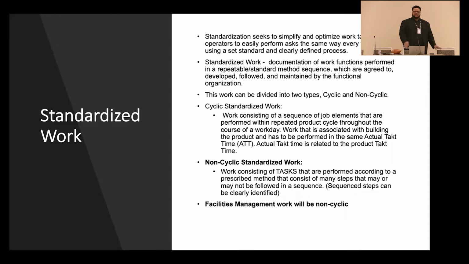We won't go into takt time, but an example of that is what you see on an assembly line. It's repeated, right? You have one person doing this, the other person doing this, then another person doing it. It's cyclic.